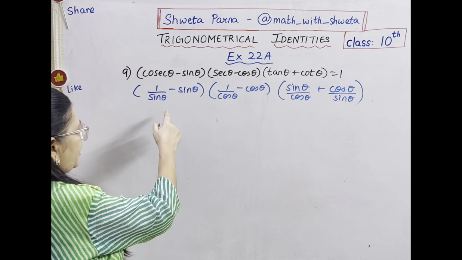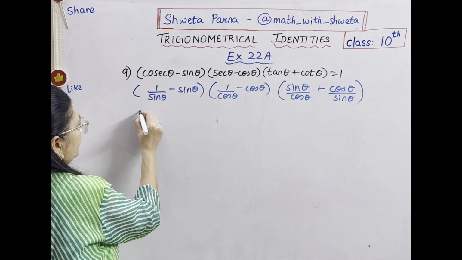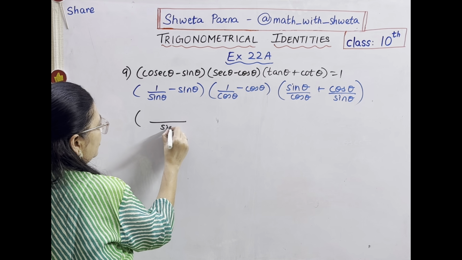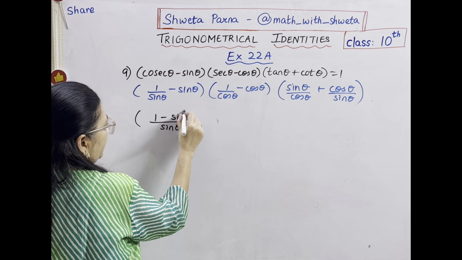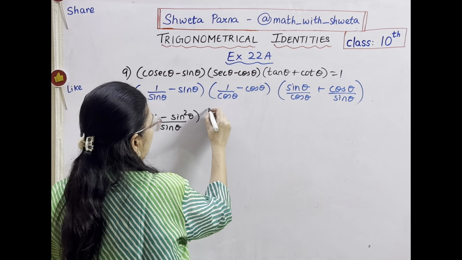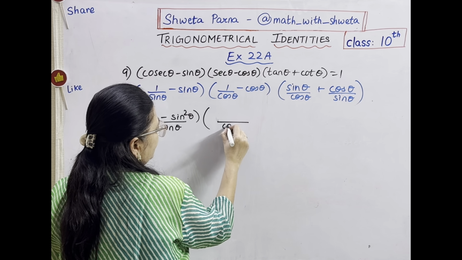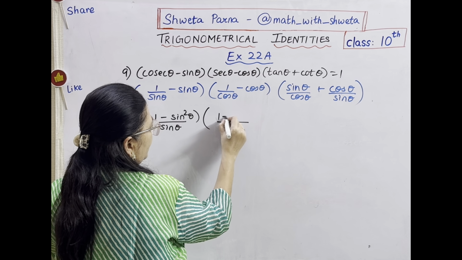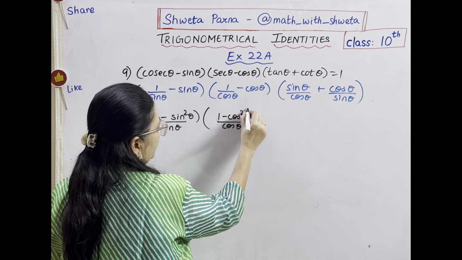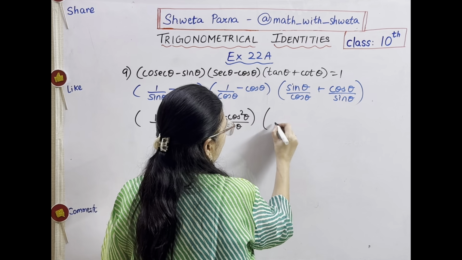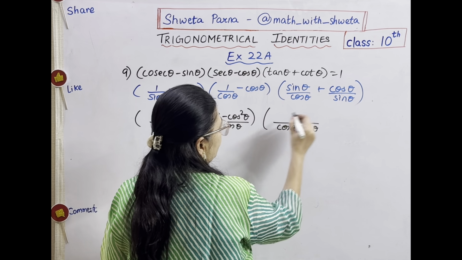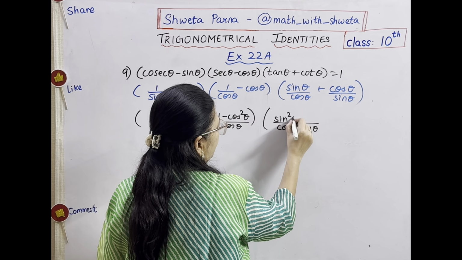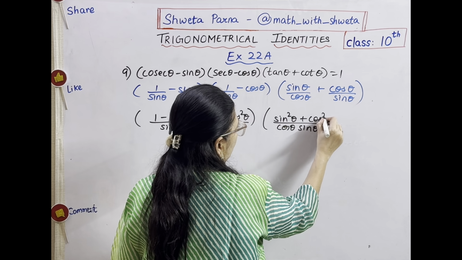Now let's take the LCM. What is the LCM of this? LCM is sin theta. So you will get 1 minus sin square theta. Here cos theta is the LCM. 1 minus cos square theta. Over here cos theta and sin theta is the LCM. So sin square theta plus cos square theta.